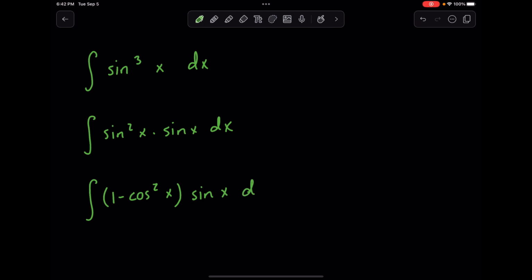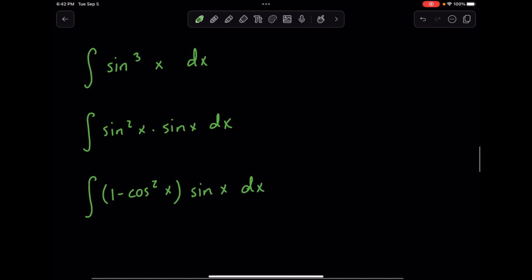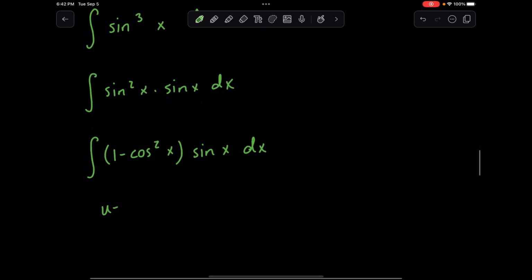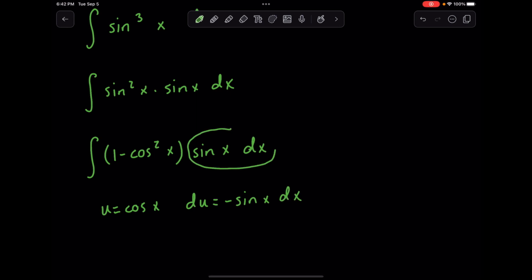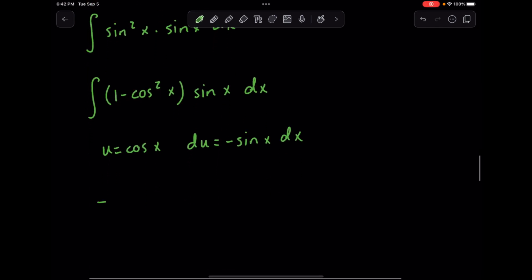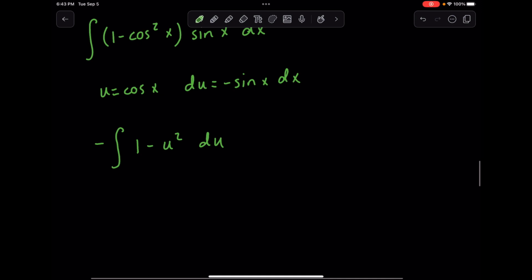And the reason we're going to do this is so that we can now perform a u sub, where we set u equal to cosine of x, and du will become negative sine x dx. So now our du will get rid of this part here, and we're just left with a negative out in front. So it's become negative integral of 1 minus u squared du, and now we can just use power rule.